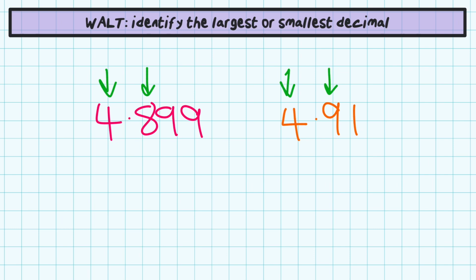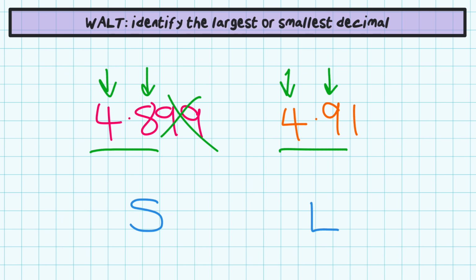We don't need to worry about these numbers because 4.9 is always going to be bigger than 4.8. The rest of the numbers are so small, they don't actually matter. So 4.91 is our largest, and 4.899 is our smallest. Even though it has more numbers, those extra numbers don't actually make too much of a difference.